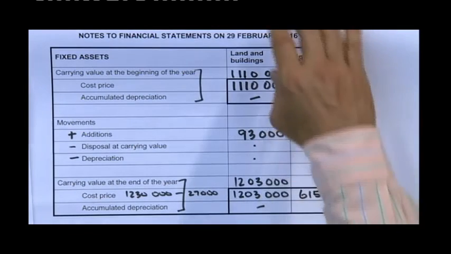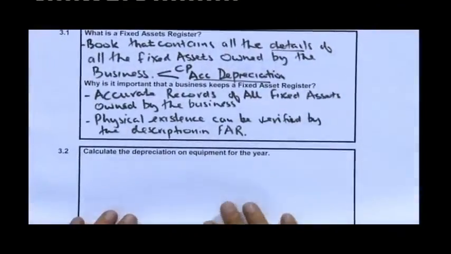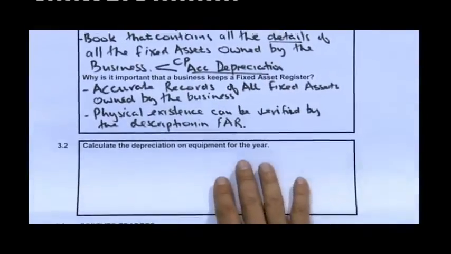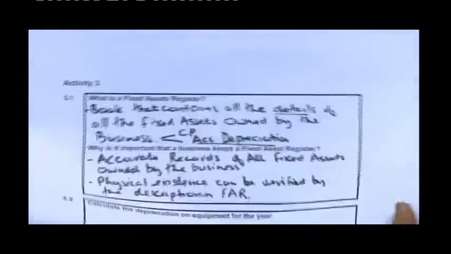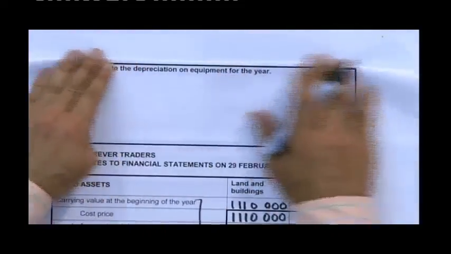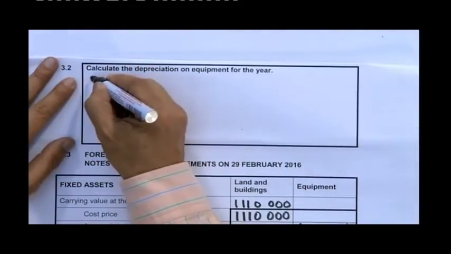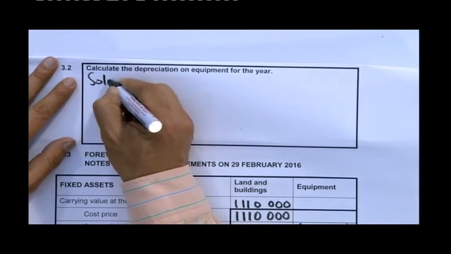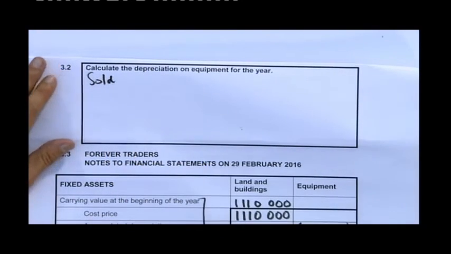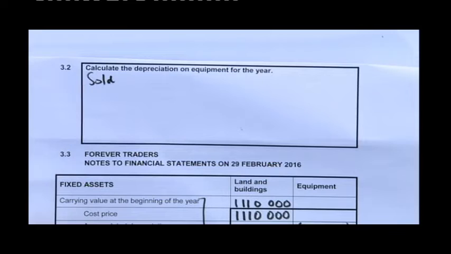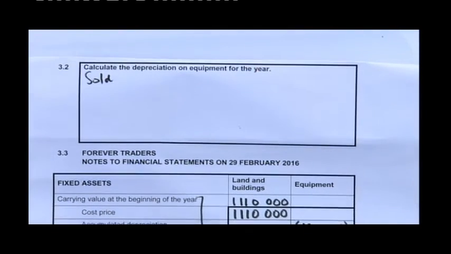Okay, so they want us to calculate the depreciation on the equipment for the year. So it looks like we're going to have depreciation on the item that was sold, then depreciation on the item that's remaining, and then we'll have depreciation on the item that is new.